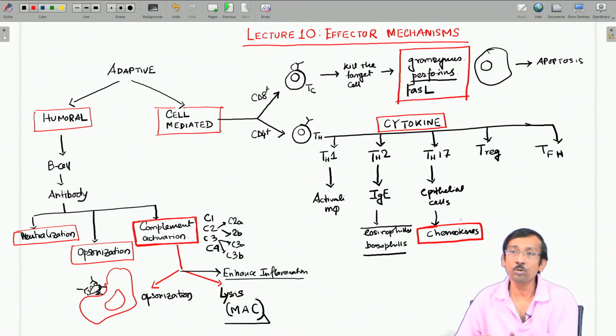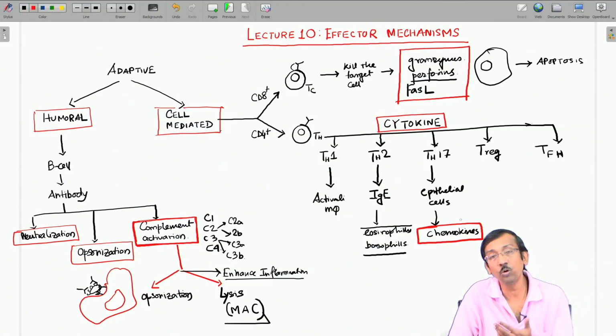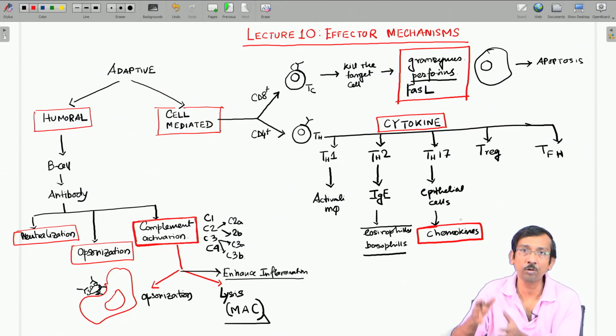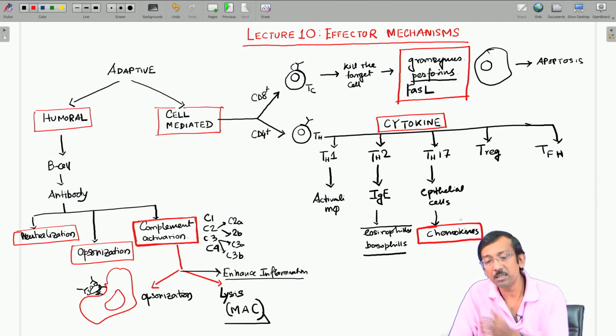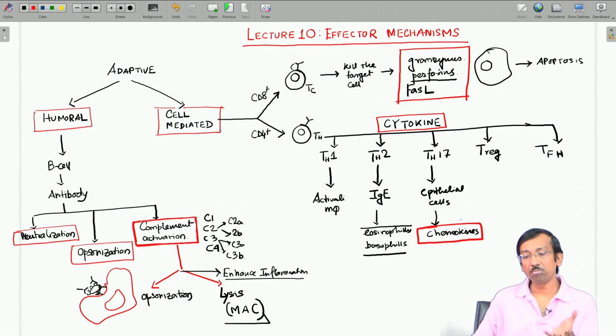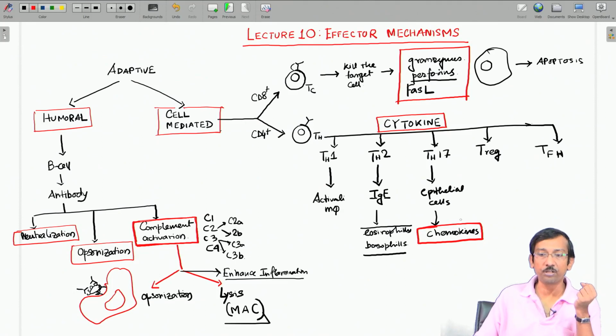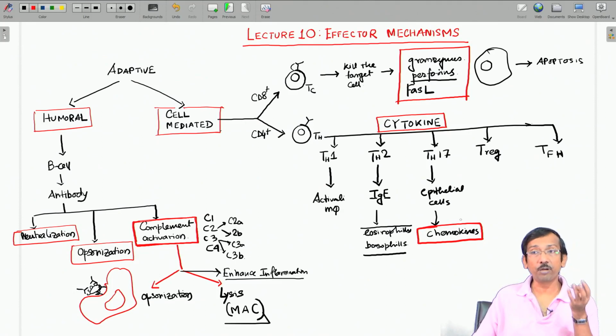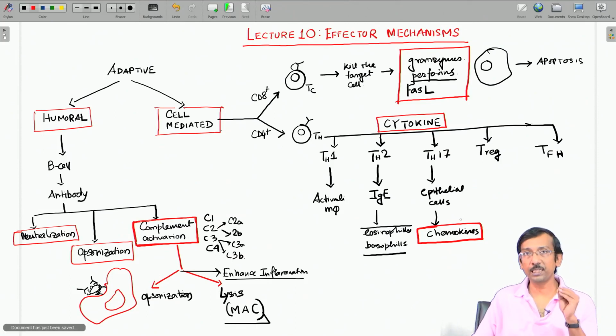That is why they are known as chemokines, because they are chemoattractants and help in chemotaxis, the movement or migration of the cells. So, these Th17 cells primarily synthesize the chemokines, which are responsible for the attraction of different leukocytes, primarily more neutrophils, into the area of infection or the affected areas.